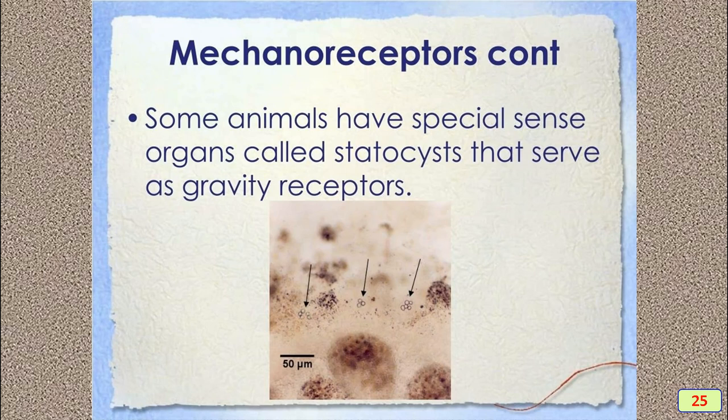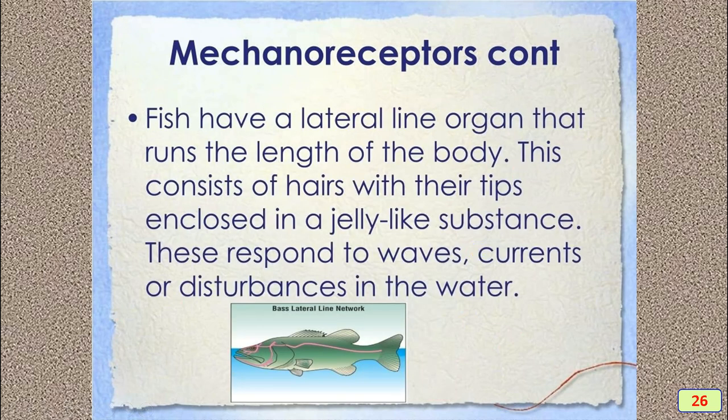Among mechanoreceptors, some animals have special sense organs called statocytes that serve as gravity receptors, inside the skin. Fish, for example, have a lateral line organ that runs along the length of the body.